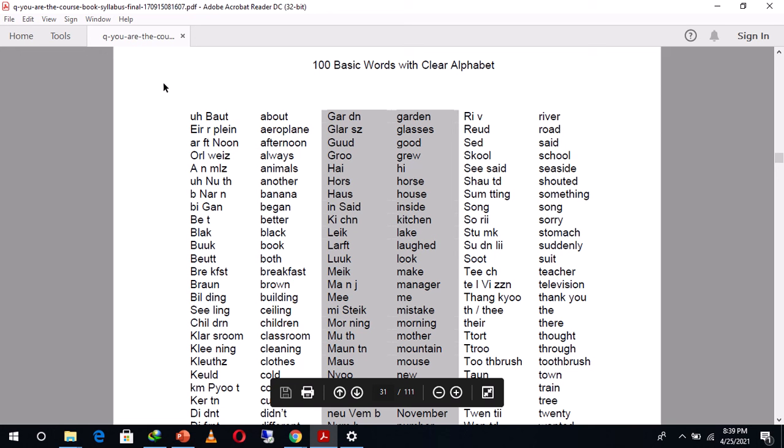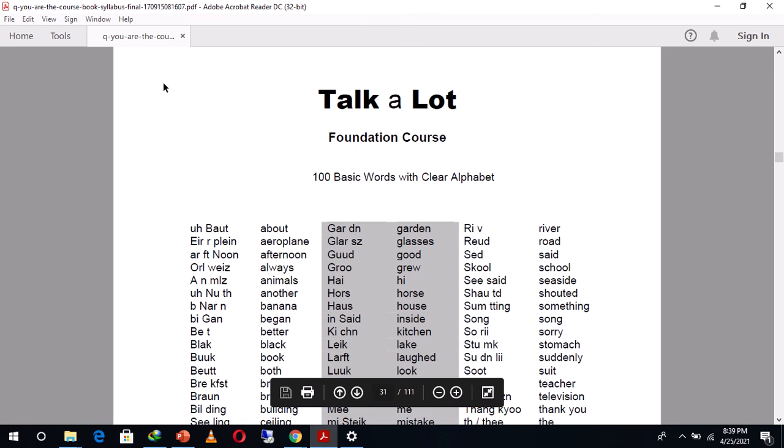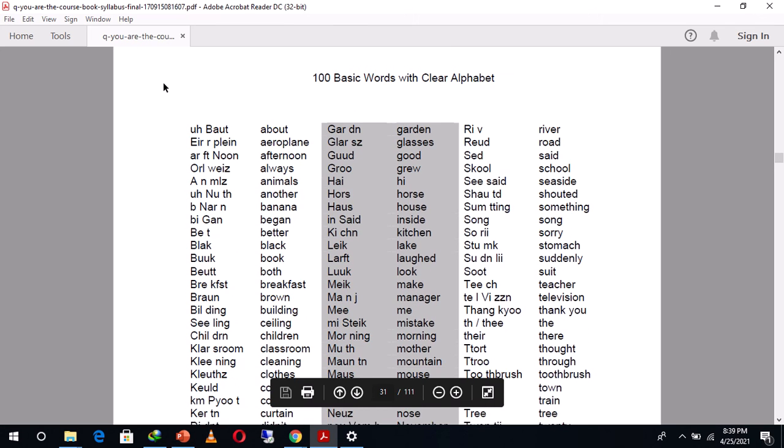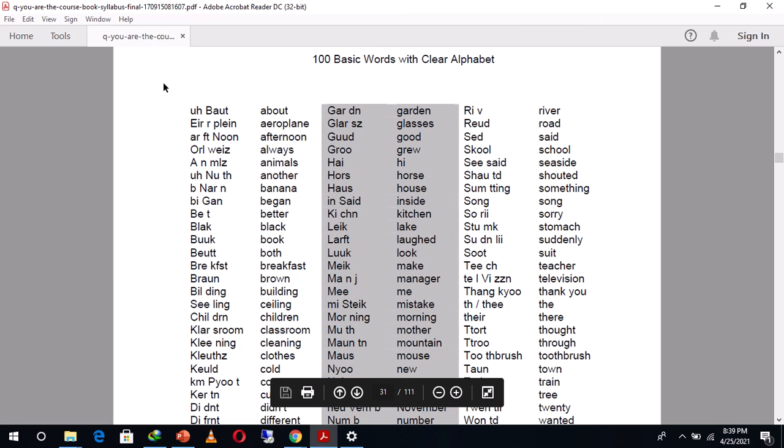Building. It's like ceiling, जो हमारी छत होती है, ceiling. It's children. A sound would be produced while speaking children. There's a classroom, k sound. The C and K both would have the k sound, not the s. It's a k, classroom.